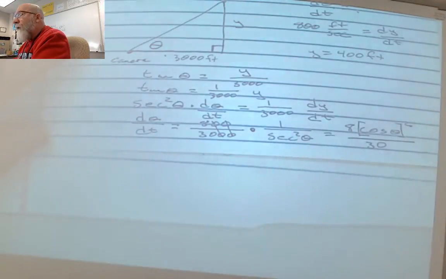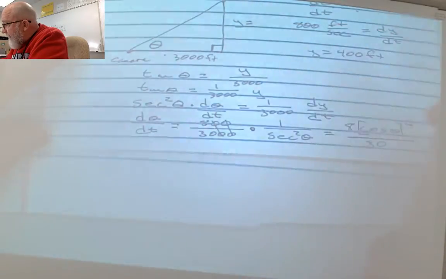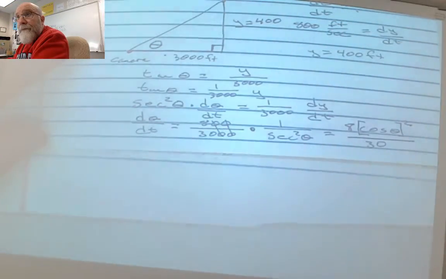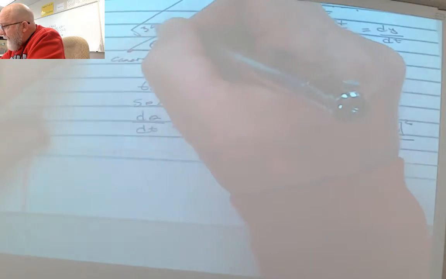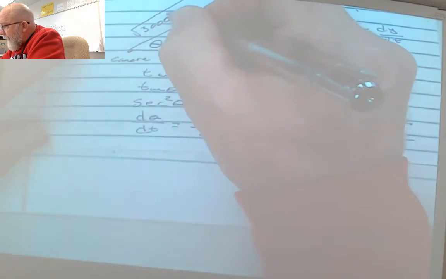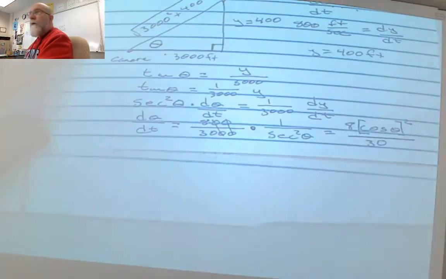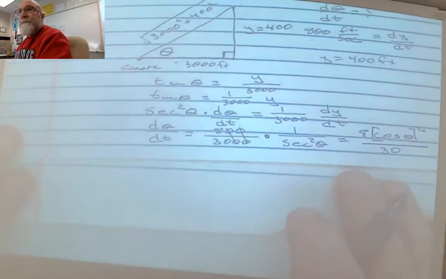It'd be nice to know what cosine theta was, right? I know that for a brief moment this is 400. Would you agree with that? So this is the square root of 3,000 squared plus 400 squared. Would you agree with that?